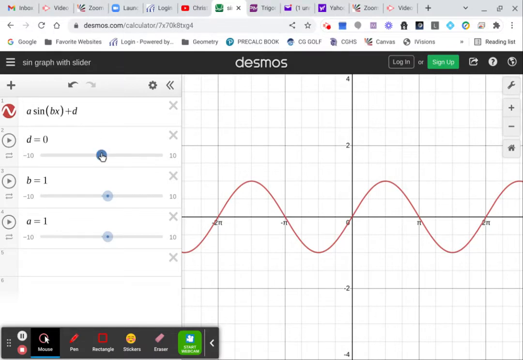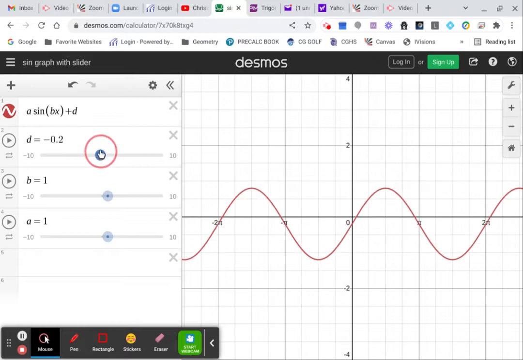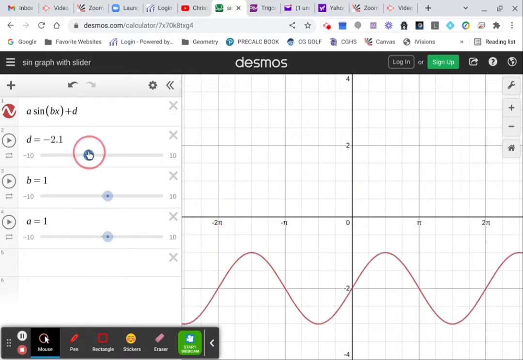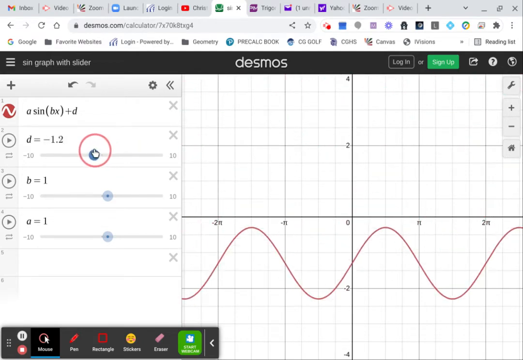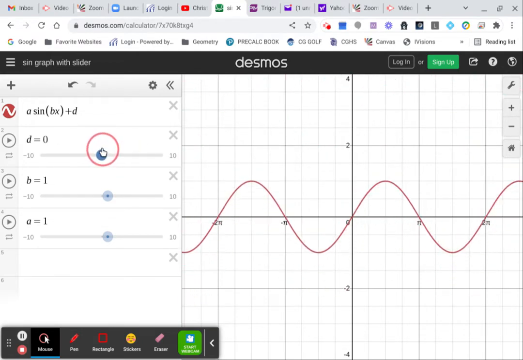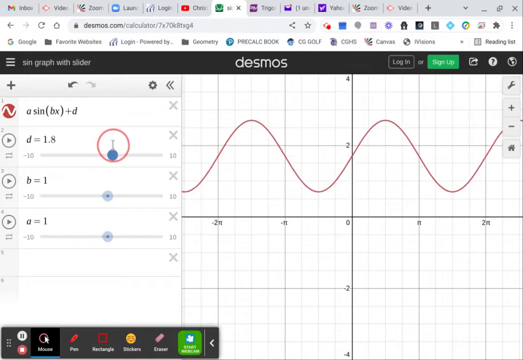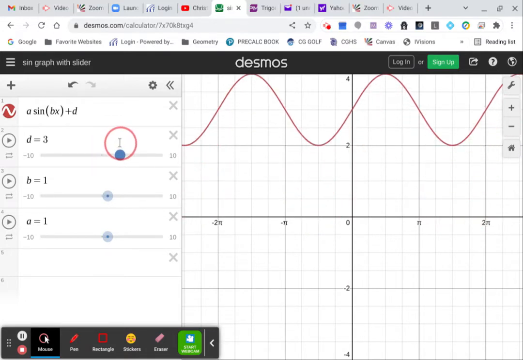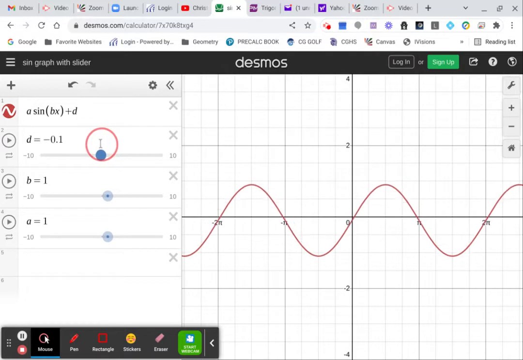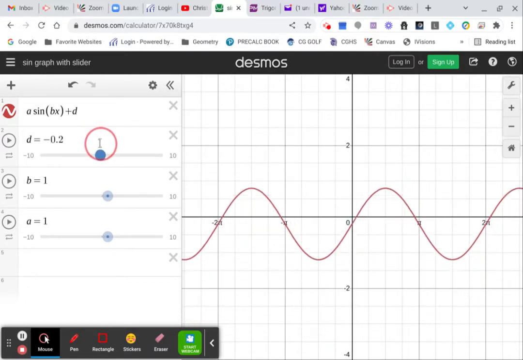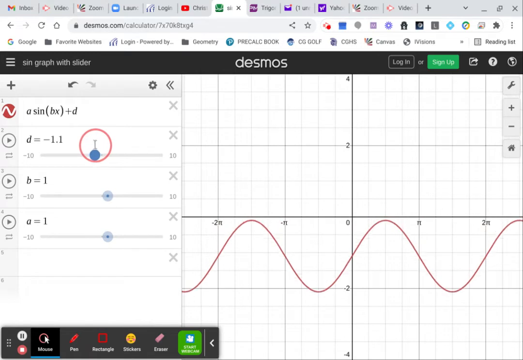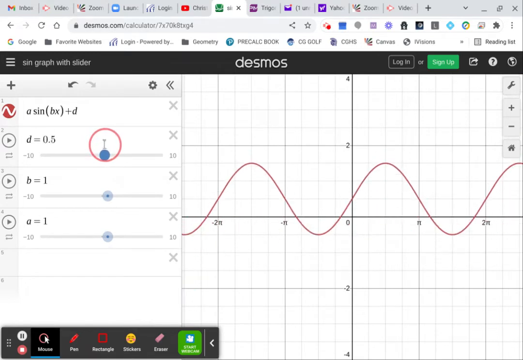What's going to happen if I change this from 0 to 1? What's happening to your graph? Where does it go? As you start moving up, the graph moves up. And as you start going towards the negatives, now it's moving down. That's that vertical shift. It was 0 here.